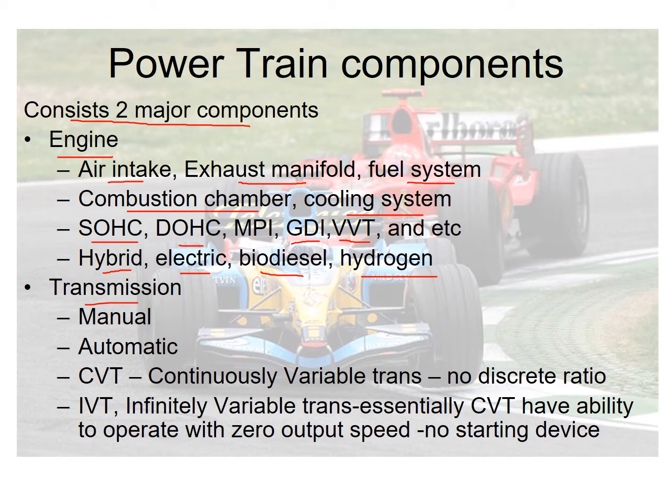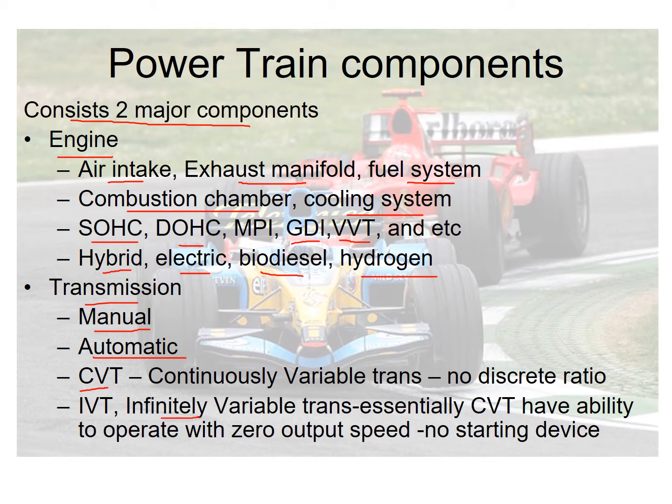Okay, for transmission, we can see the manual transmission and automatic transmission. And there's also a new technology called the continuous variable transmission with no discrete ratio. It's a continuous ratio.